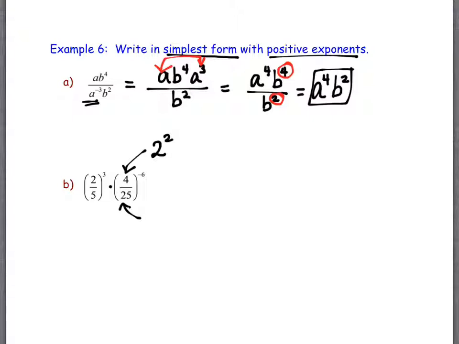And this 25 is the same as 5 squared. I want them to look like the other number. The other number's smaller, so I have no choice but to move in this direction. I really have to take the bigger numbers and turn them into something smaller. There's not going to be another option the other way. So this is 2 over 5 to the 3rd. And for right now, I have 2 squared over 5 squared to the negative 6.